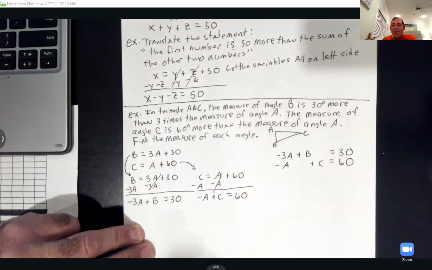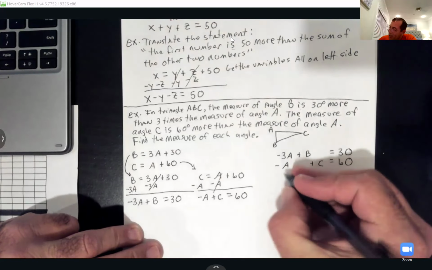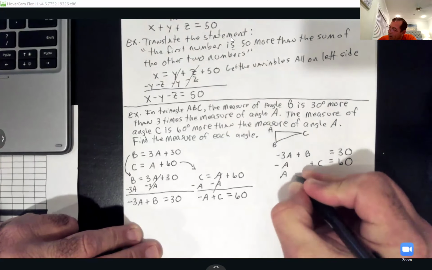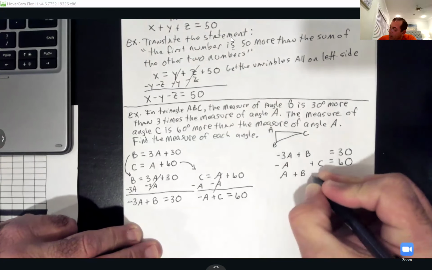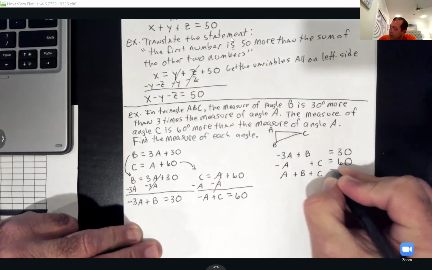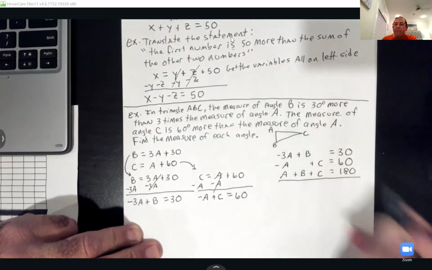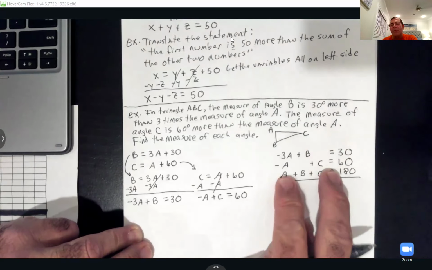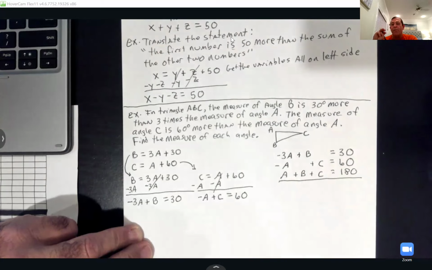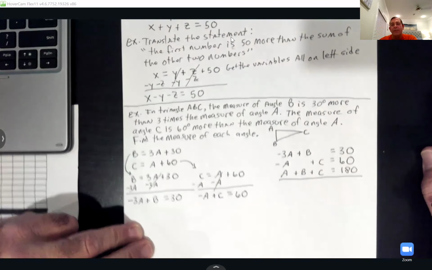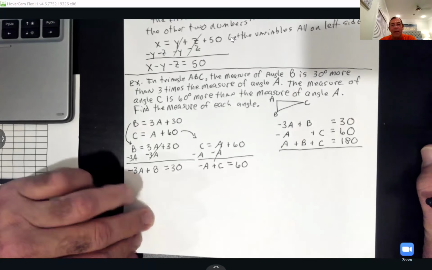They're equal to 180 degrees. Good job. So my third equation will be A plus B plus C equals 180 degrees. I now have a system of three variables with three equations. So y'all, we can now solve that.